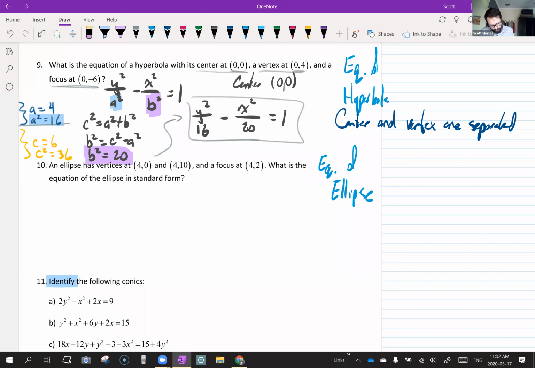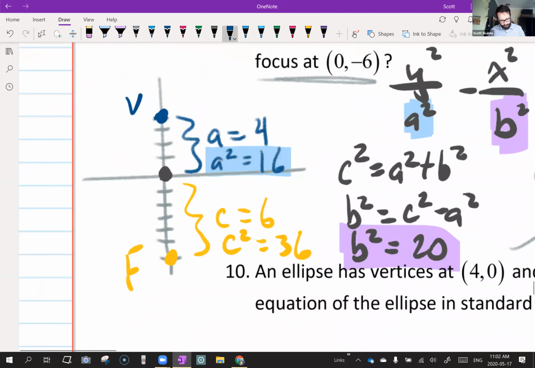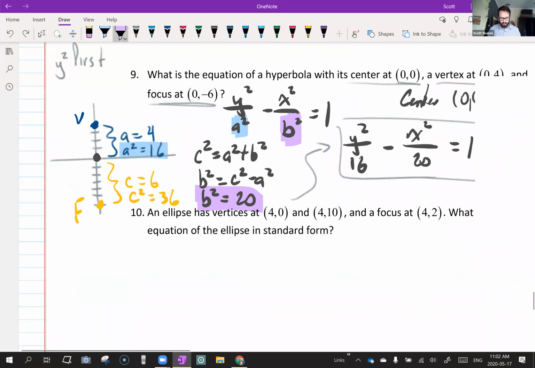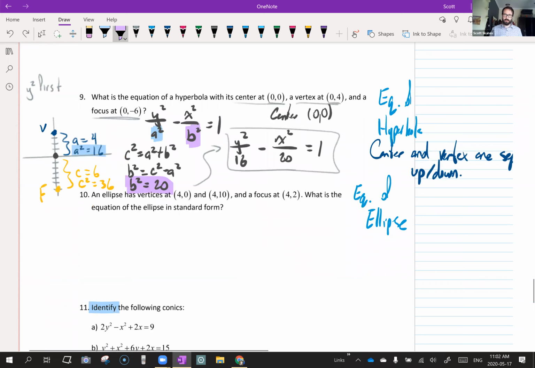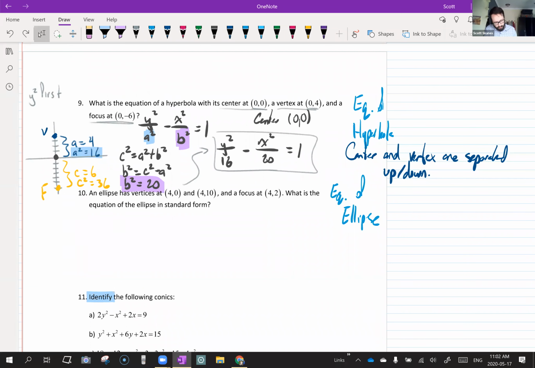Or I'll say are separated up and down. What I mean by that, when we look at this diagram, you can see that the distance here is up and down, from the center to the vertex. If that's the case, that means our transverse axis, our main axis, is up and down. And so it's y squared first form.